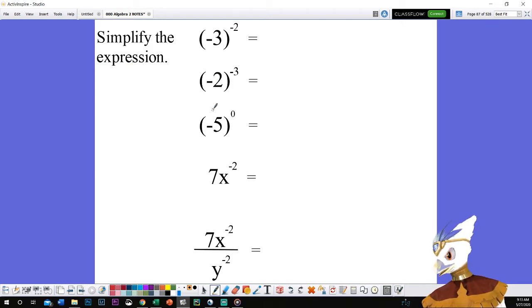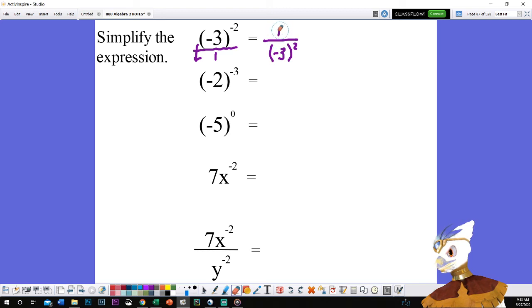Let's try some out. So this first one, I've got negative 3 all to the negative 2 power. Because the negative 3 is in parentheses, I'm going to leave it in parentheses. And remember, if there is no denominator, you can always put a 1 there. So that guy is going to move down. So this gives me 1 over negative 3 to the 2nd power. Now that 1 did not actually move to the top.